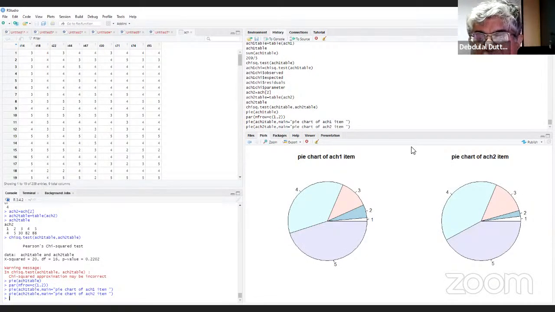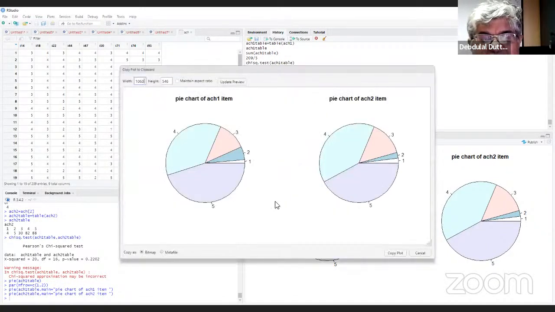Okay. So again, you will get the total data. So what you have noted, that is the achievement 1 and achievement 2, they are highly related with each other. So what does it mean? That means they are assessing the same construct.